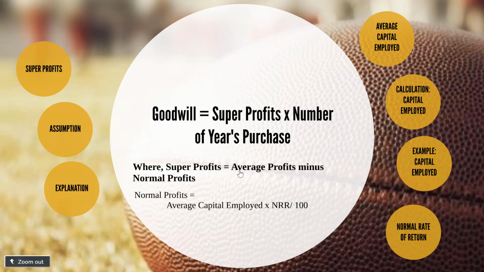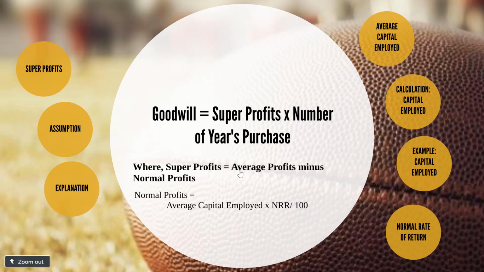Now we will see in detail about the meaning of average capital employed, how to calculate this, the meaning of normal rate of return, what is super profits, and the assumption or basis behind this method with the help of an explanation.